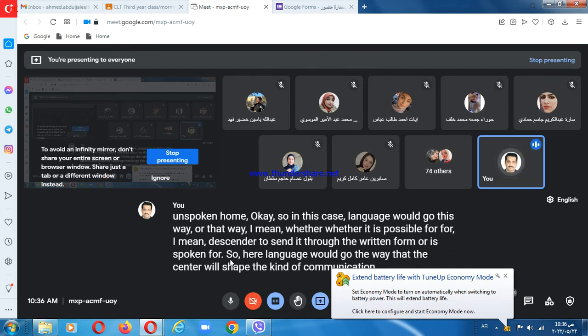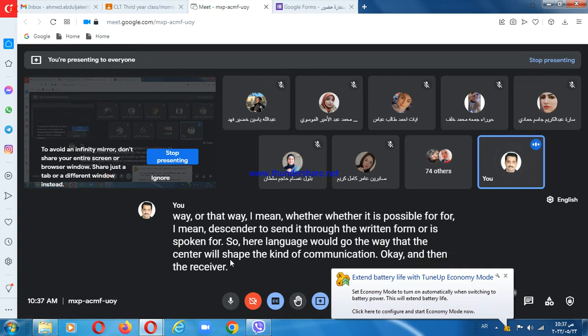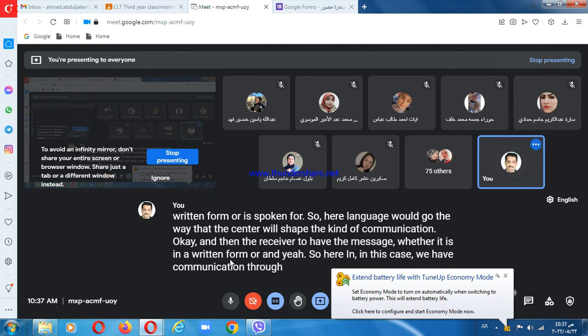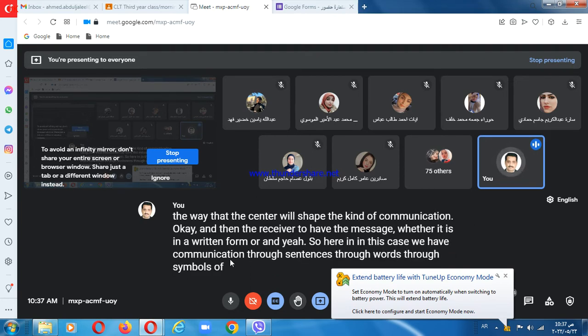And then the receiver has the message, whether it is in a written form or in a spoken form. So in this case, we have communication through sentences, words, symbols, and letters.